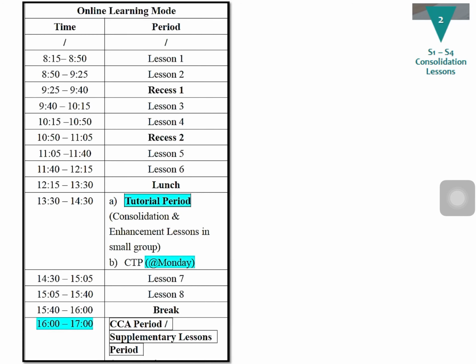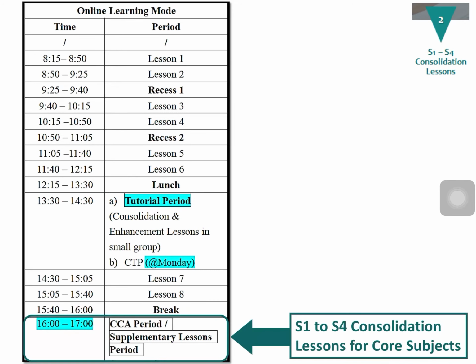Now that brings us to the consolidation lessons. These are after-school lessons targeted at S1 to S4 core subjects. If you are S2 or above, you should be familiar with the strengthening classes we had for English, Chinese, and Math in the past. And this is what consolidation lessons exactly are.